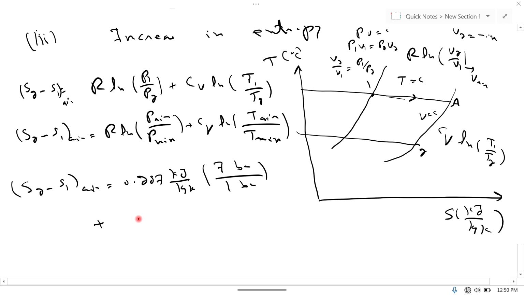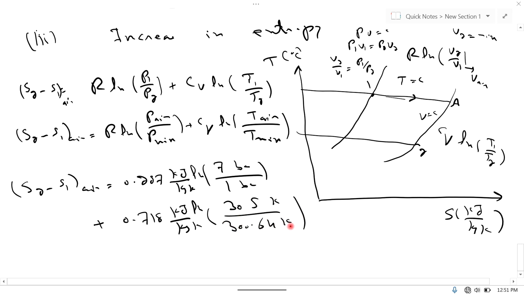Similarly, plus Cv per air is 0.718 kilojoule per kilogram per Kelvin, and natural log of temperature of air 305 Kelvin, and temperature of the mixture is 300.64 Kelvin. Kelvin will be cancelled, bar will be cancelled with bar.